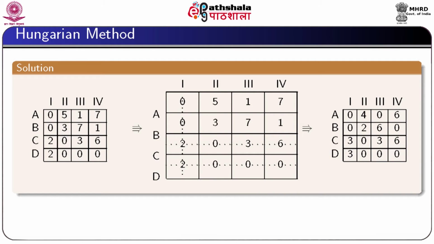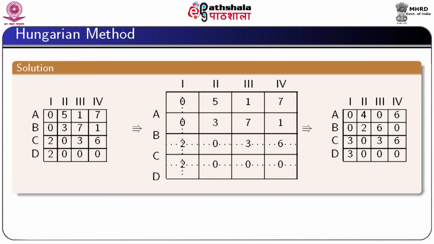In this slide, the first table shows the result after subtracting the lowest element of each row from the respective elements of that row and the lowest element of each column from the respective elements of that column.